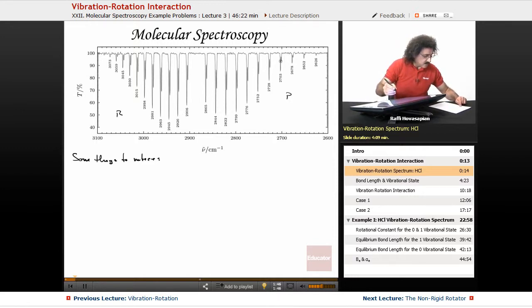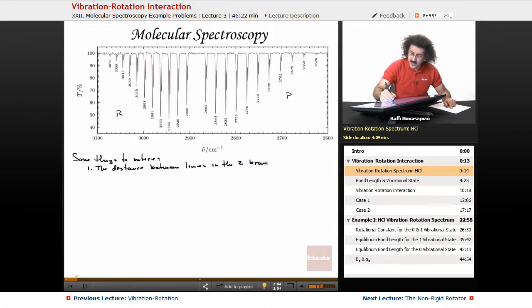So we'll say the distance between lines in the two branches are not equal.